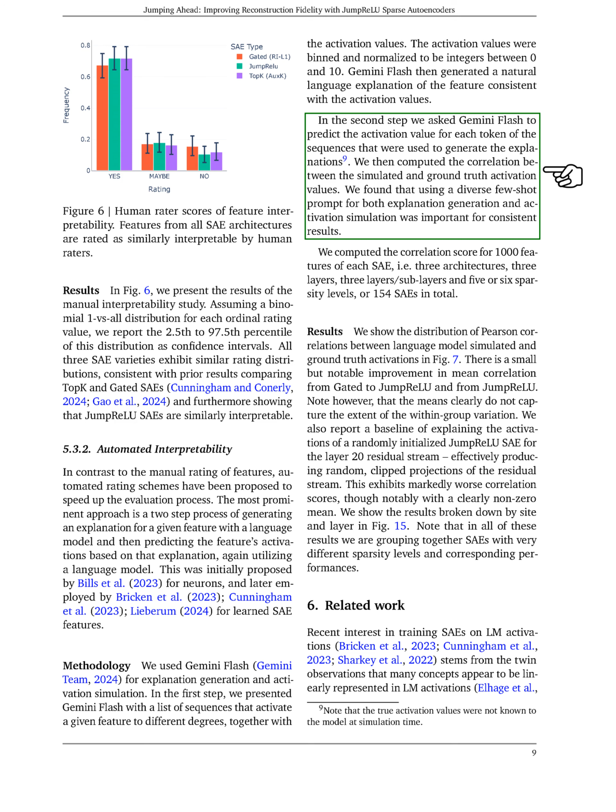We computed the correlation score for 1,000 features across 3 architectures, 3 layers, and 5 or 6 levels of sparsity, totaling 154 SAEs. In our results, we present the distribution of Pearson correlations between the activations simulated by the language model and the actual activations. We observed a slight but significant improvement in the average correlation from gated to JumpReLU and from JumpReLU to another model.